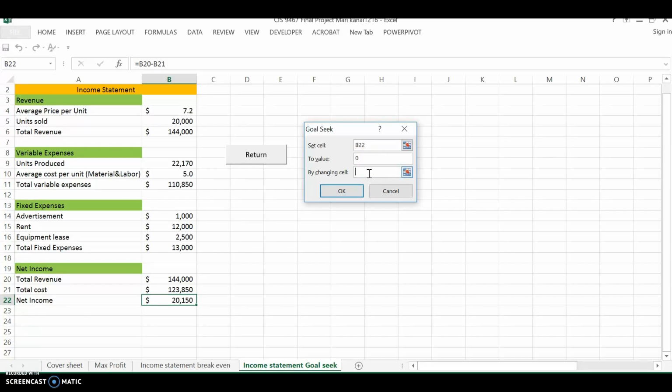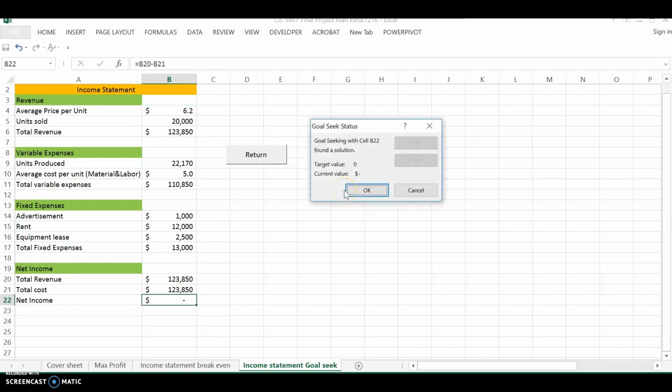By changing the sales price, we can see the break-even sales price changed from $7.02 to $6.02.